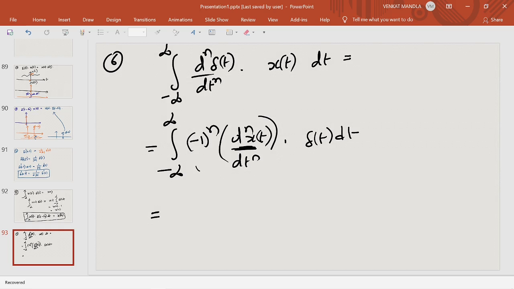Let us say this is some y(t). The integral from minus infinity to plus infinity of y(t) δ(t) dt is y(0), which we already derived.